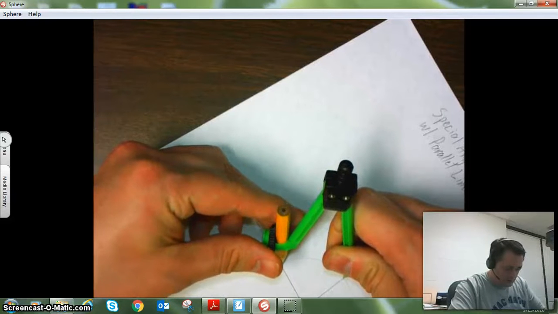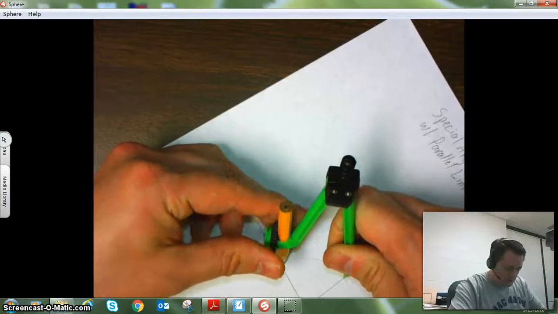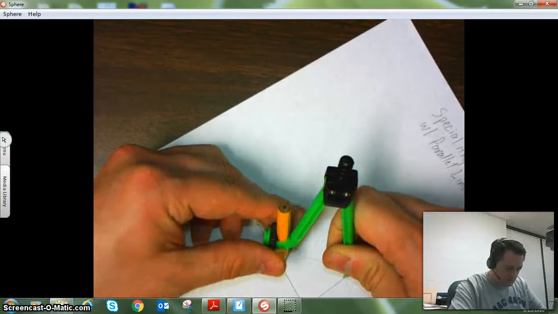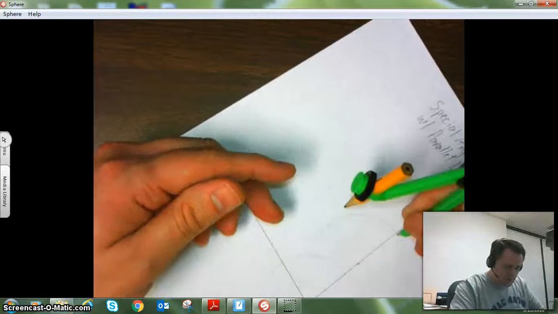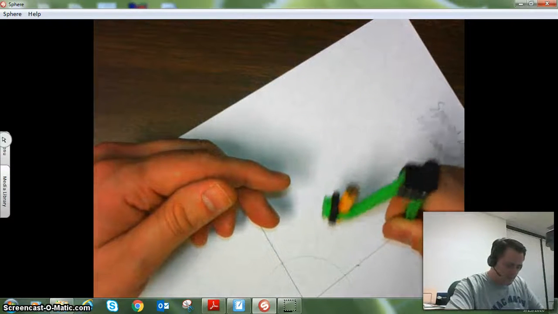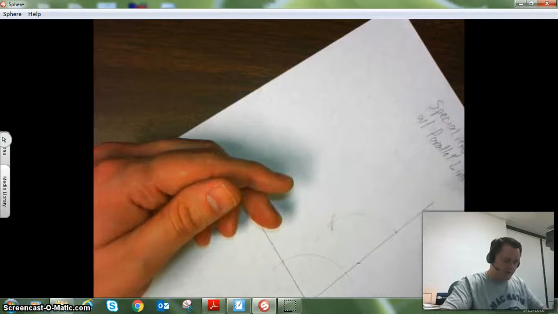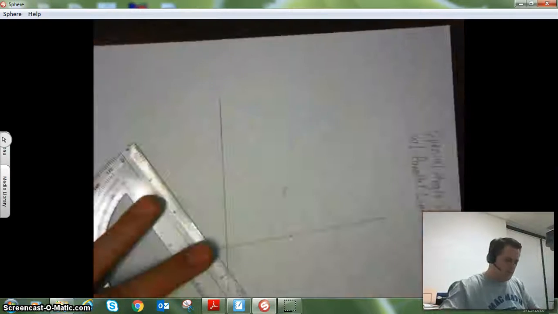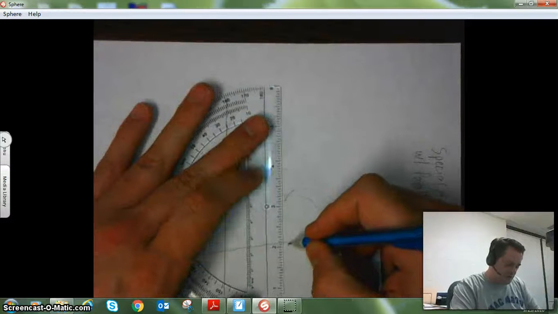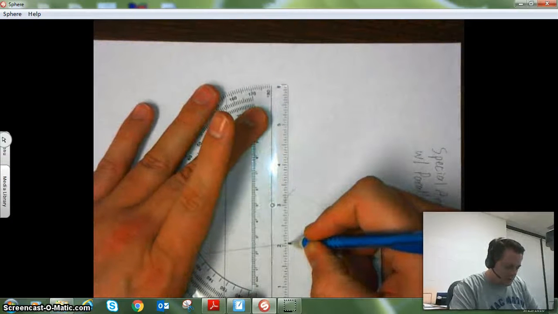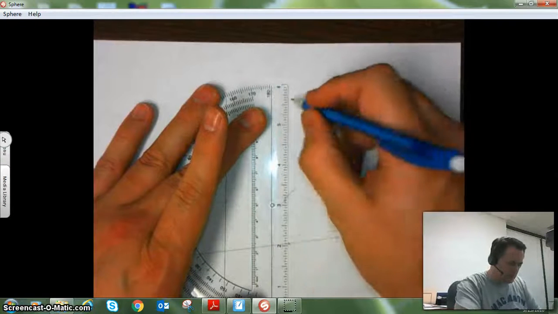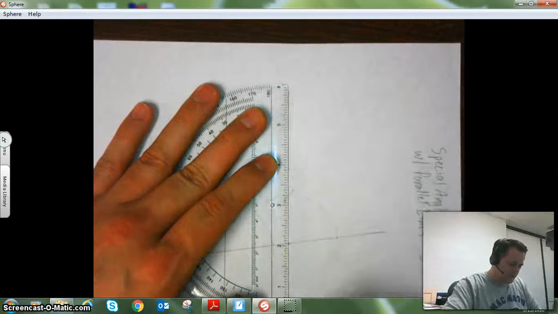Now, if you're trying to do this at school or at home, just to go through the process of the experimentation, you don't have to actually do this construction. You could just take something where you know the lines are parallel. You could even just use your notebook paper.